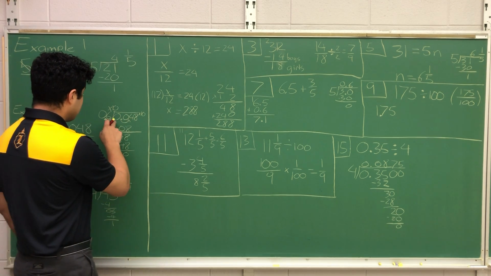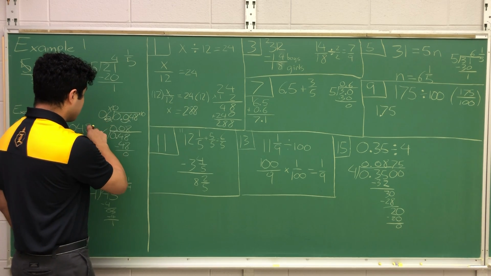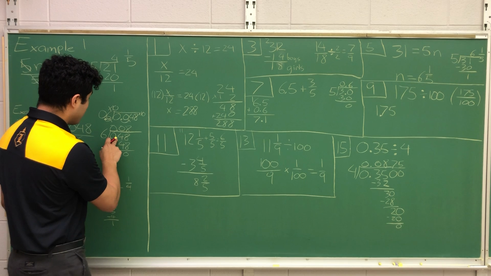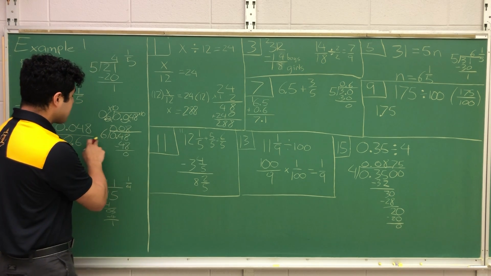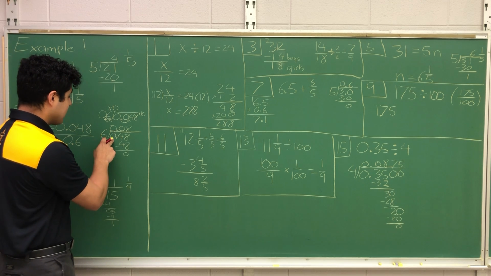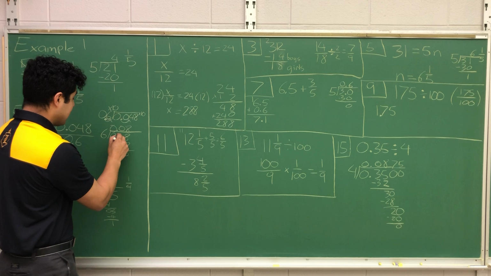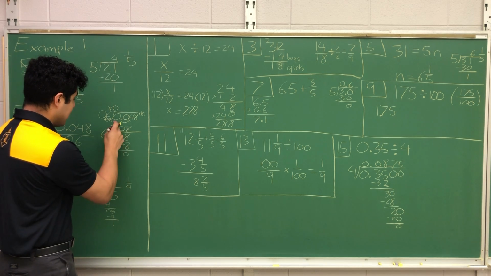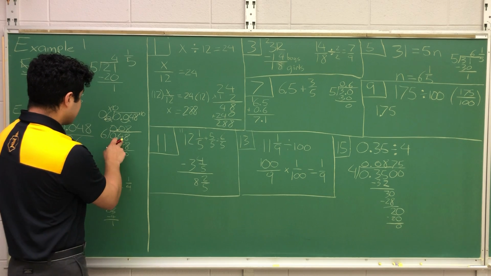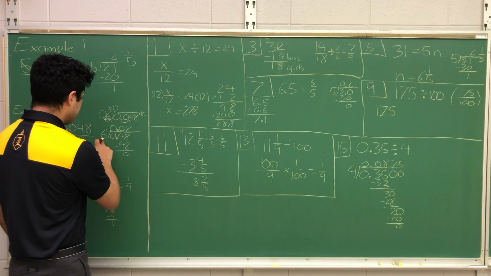So now, instead of dividing 0.048 by 0.6, we're going to divide 0.48 by the whole number 6. And then we go ahead and divide, so 6 doesn't go into 0. So I put a 0, I place my decimal in the dividend, and I place my decimal in line in the quotient. 6 doesn't go into 4, so I write a 0. 6 goes into 48 8 times. 8 times 6 is 48.